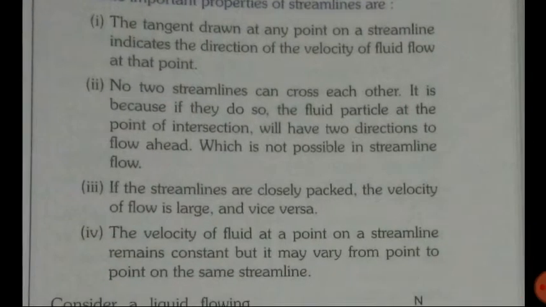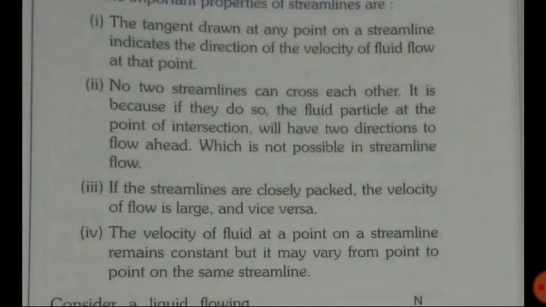Then the second property: no two streamlines can cross each other. It is because if they do so, the fluid particle at the point of intersection will have two directions to flow ahead, which is not possible in a streamline flow. I hope you all have understood this, because we have already studied this in the case of magnetic field lines.